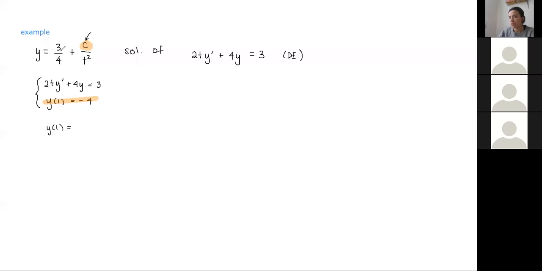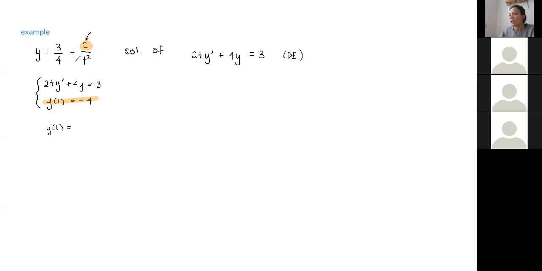Okay, so let me give you the solution for this one as well. When t is equal to 1, the function that you find is going to be equal to -4, right?